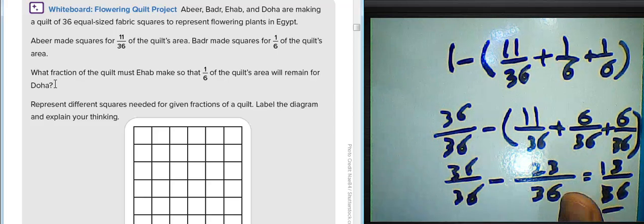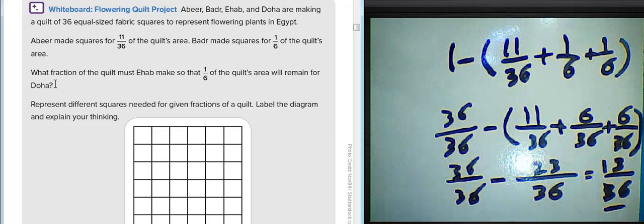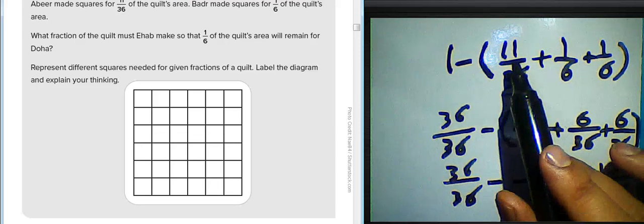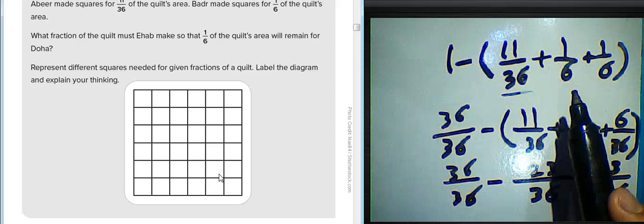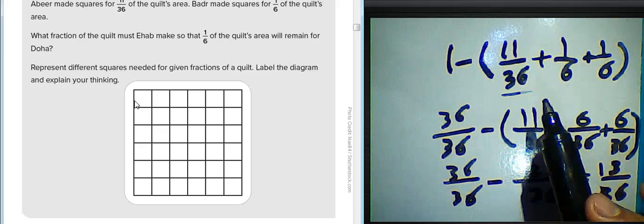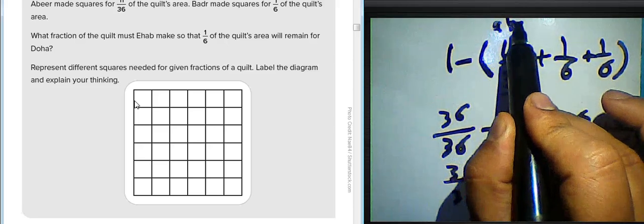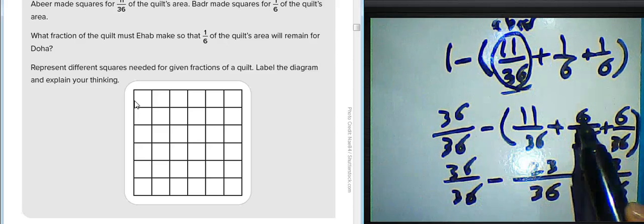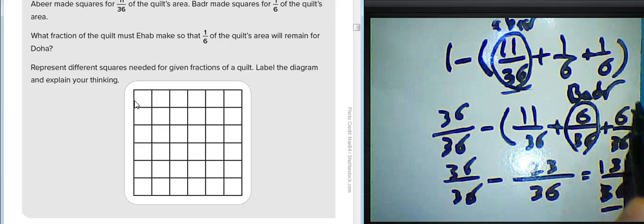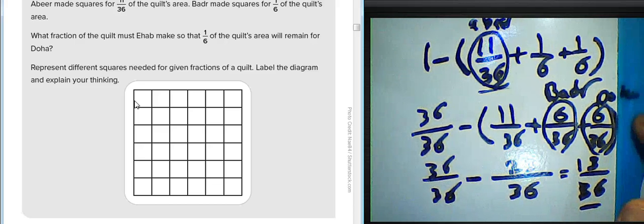So we can draw and color this area for all the partners. First, 11 over 36, we must color 11 parts of this model, for the first one here, Abir. It's for Abir, okay? And 6 over 36 is for Badr. And 6 over 36 is for Duha.